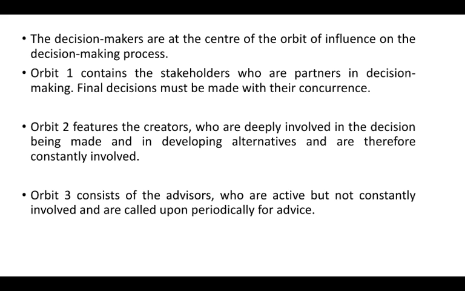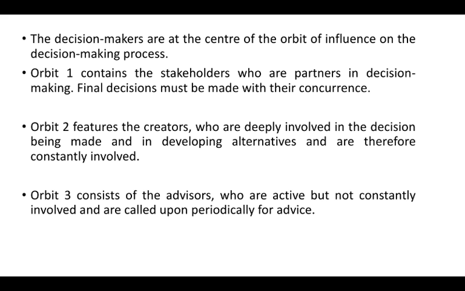The decision makers are the center of the orbit of influence of the decision making process. Orbit 1 to 6 we have seen. Orbit 1 contains the stakeholders who are partners in the decision making. Final decisions must be made with their concurrence. Orbit 2 features the creators who are deeply involved in the decision being made and in developing alternatives and are therefore constantly involved.